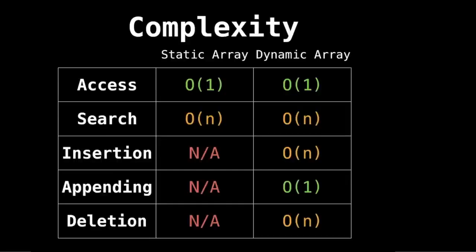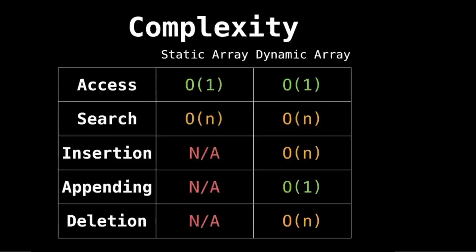When inserting with a dynamic array, this operation can cost up to linear time because you potentially have to shift all the elements to the right and recopy all the elements into the new static array. This is assuming we're implementing a dynamic array using static arrays, however. Appending, though, is constant. Doesn't that seem a little strange?